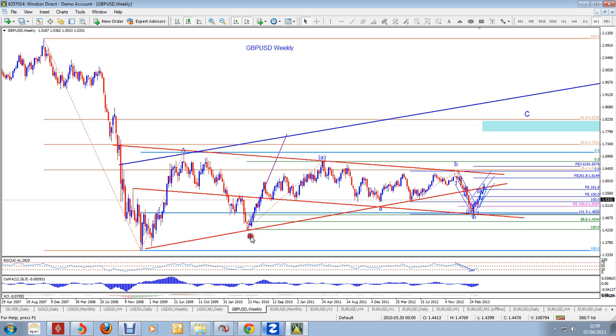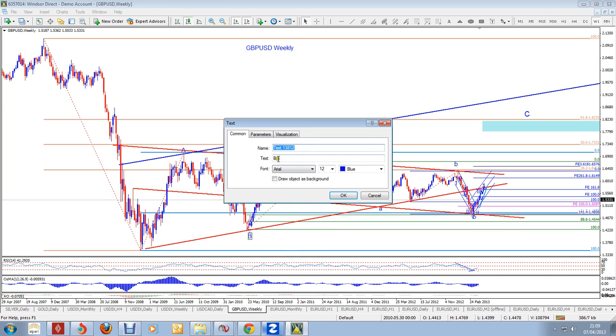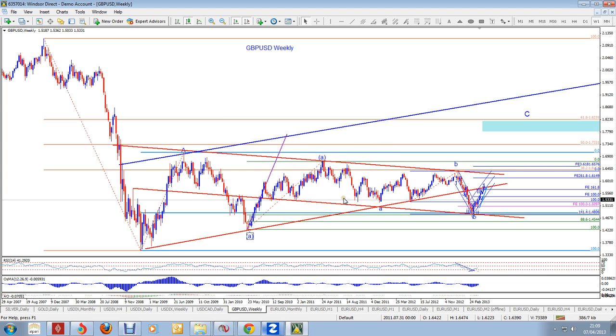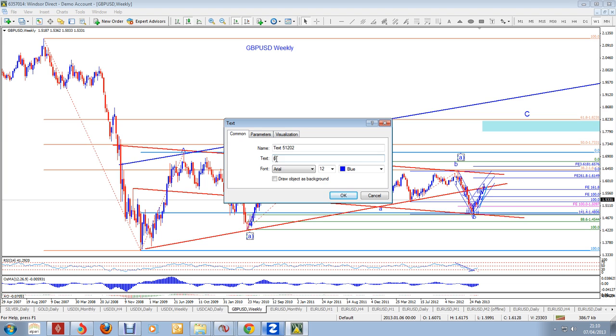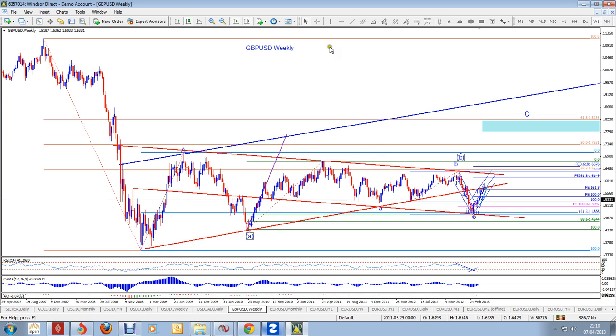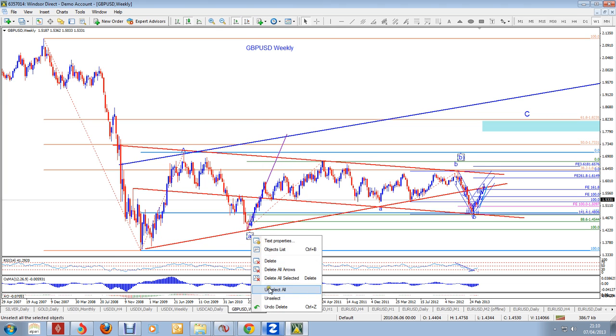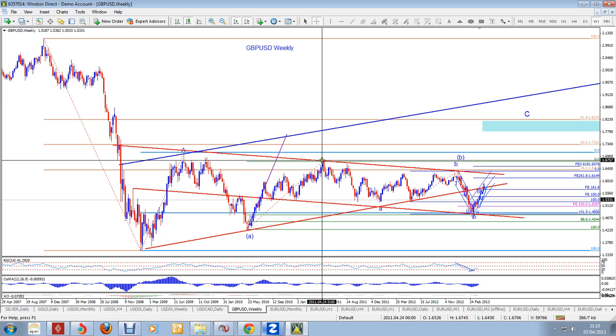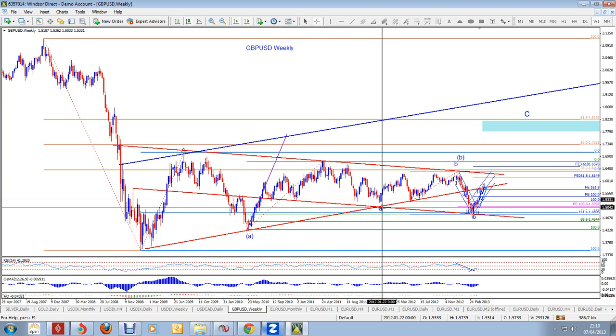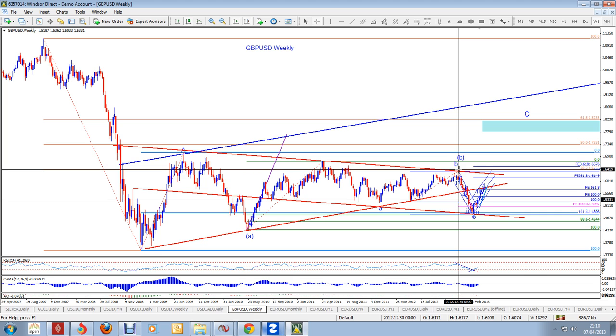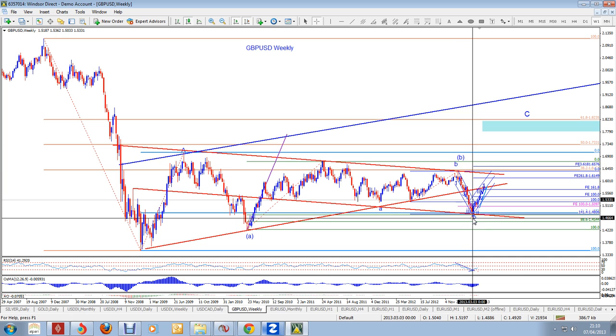So in fact this would be incorrect, so let me put that as a wave A in small a in single bracket. Okay, then my belief is that this one here is wave B, and the way I reached that is we have single wave A in single bracket, then after that we've got A, B and C to complete this wave B, and then we have wave C down.